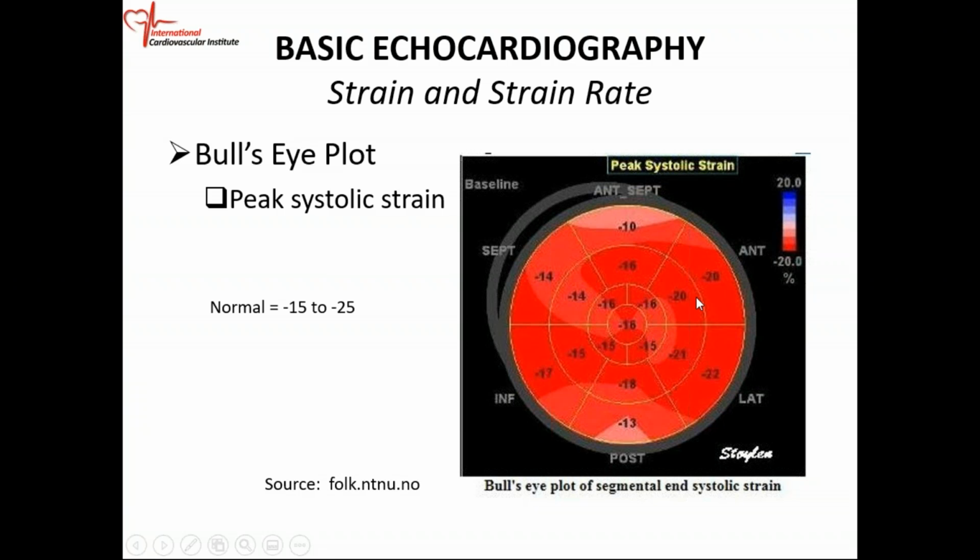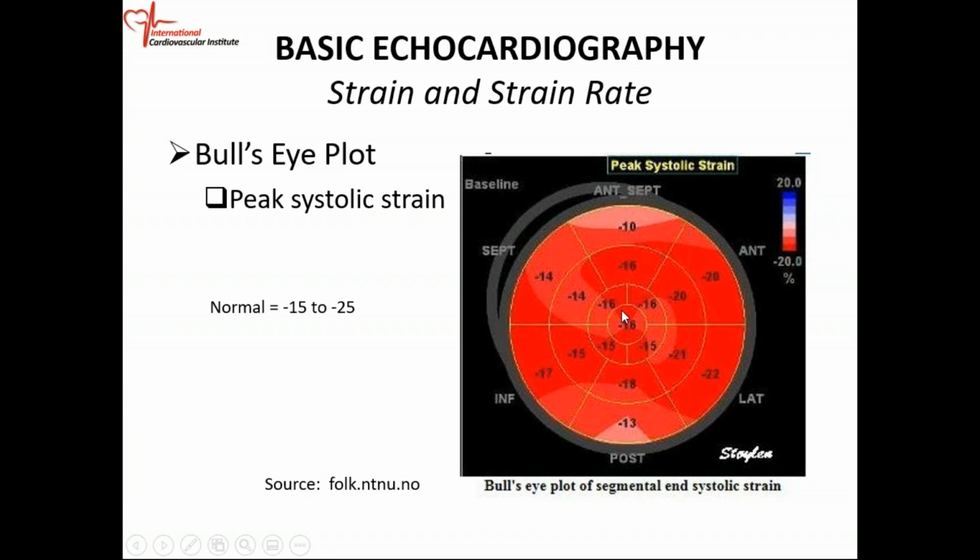Okay. Then at the mid-cavity level, where you have six segments, this is the anterior wall. The inferior wall is right there. All of this is your septum, but this is the anterior septum, inferior septum. Then this is the lateral wall. This is the inferior lateral wall, anterior lateral wall. And then at the base, you have your 6 segments as well.